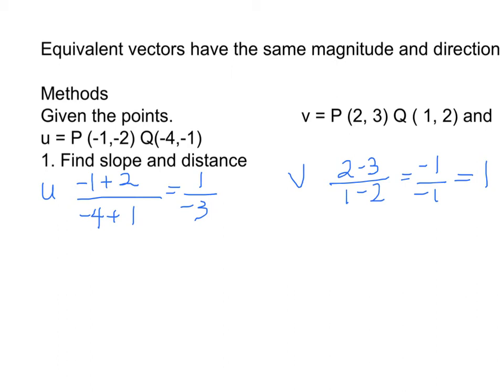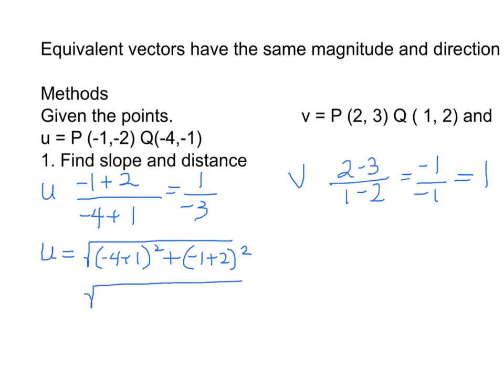I would not need to find the distance, but if I did the slopes and they were the same, then I would go ahead and find the distance, and the distance is just finding the magnitude of the vector. So I would do negative 4 plus 1 squared plus negative 1 plus 2 squared. And notice that I'm just using the slope because I've already done the subtraction.